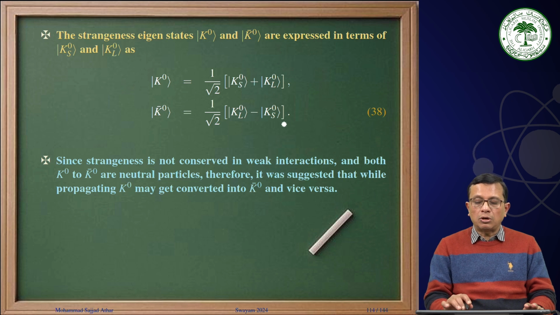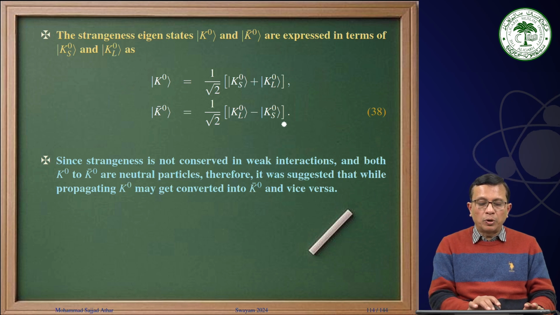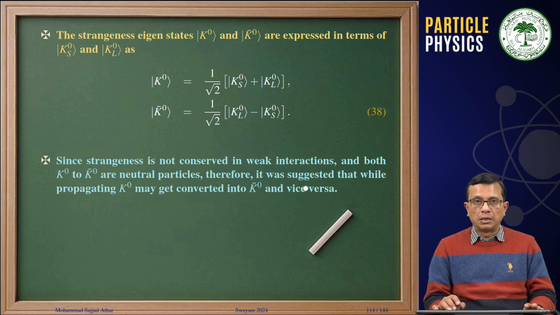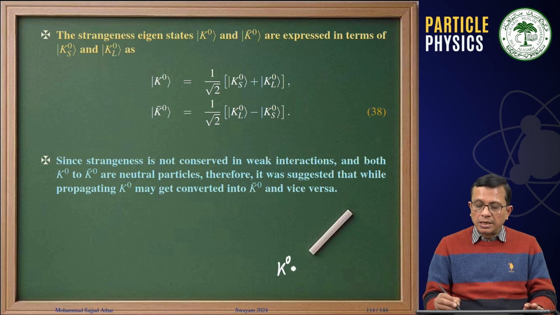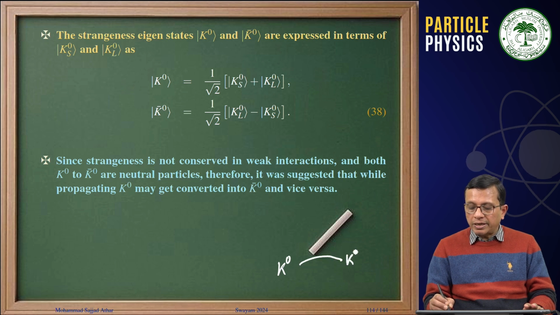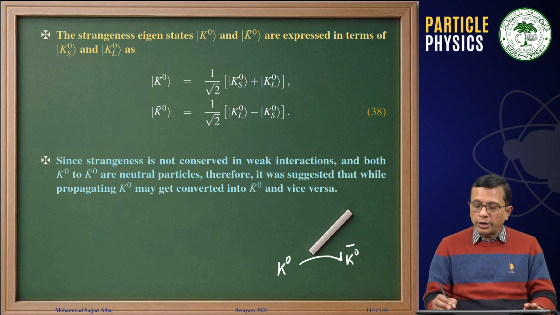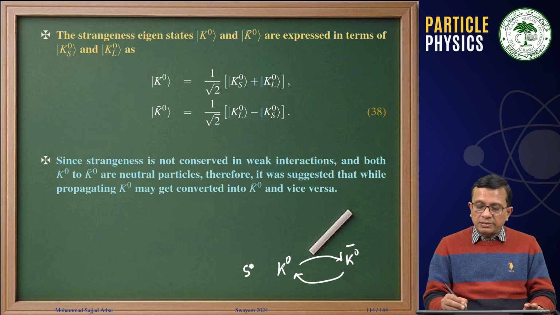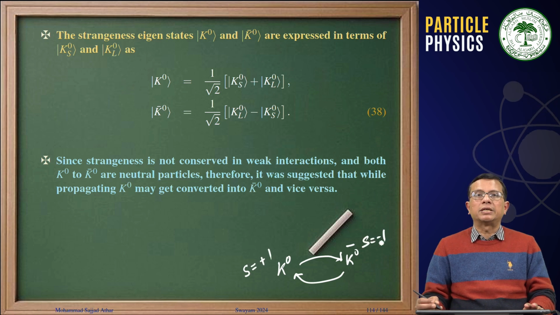Since strangeness is not conserved in weak interactions and both K0 and K0 bar are neutral particles, it was suggested that while propagating, K0 may get converted into K0 bar and vice versa. Therefore, K0 can get converted into K0 bar, or K0 bar may get converted into K0, because strangeness is not conserved in weak interaction processes.